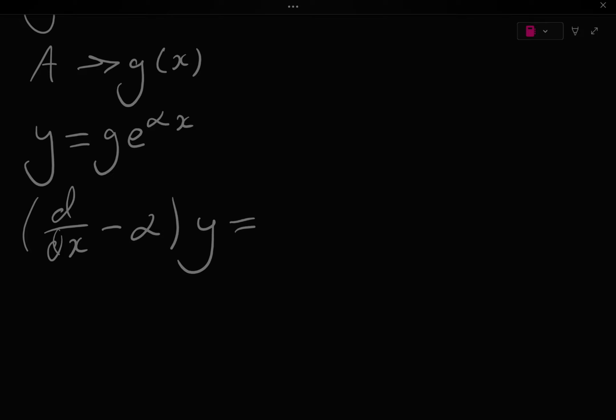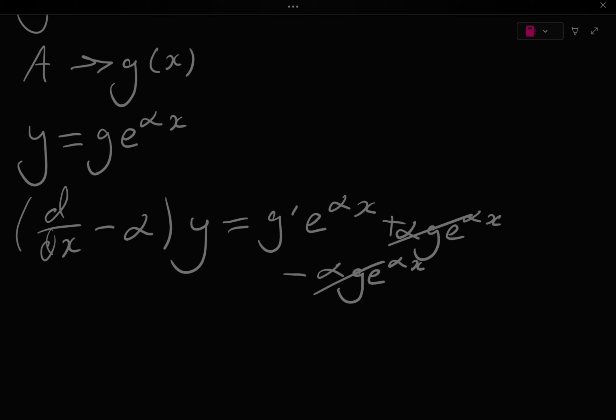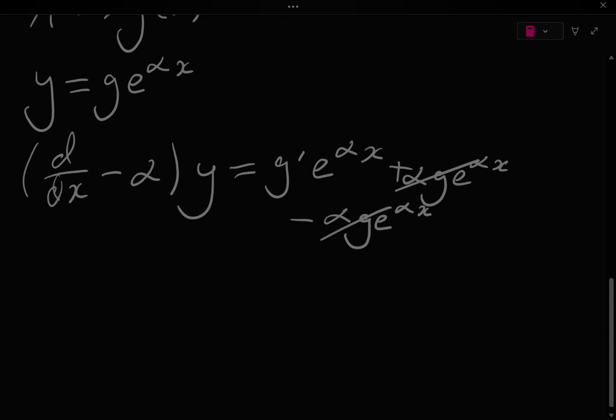Well, if you know the product rule, this is actually fairly simple. We get g prime e to the alpha x plus alpha g e to the alpha x minus alpha g e to the alpha x. These terms cancel, and we're left with g prime e to the alpha x being equal to f of x.